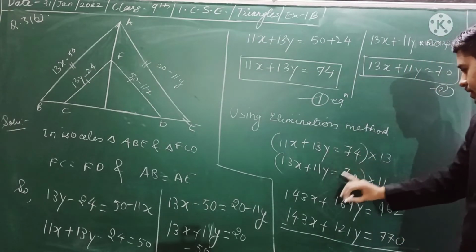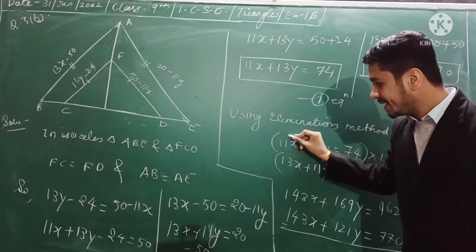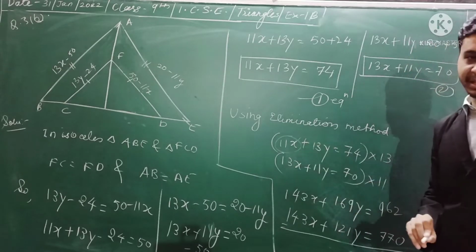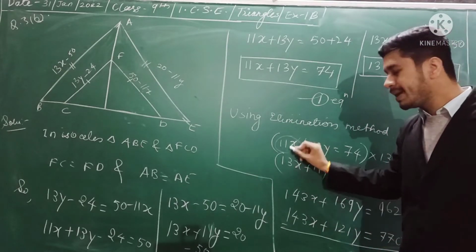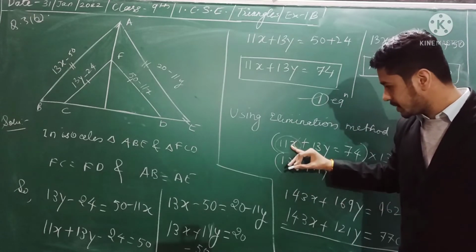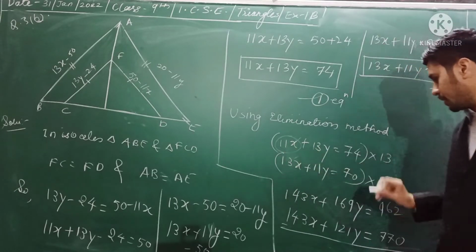Now we eliminate x. Here 11x is there and here 13x. We need to make them equal, so we multiply this equation by 13 and the other equation by 11.